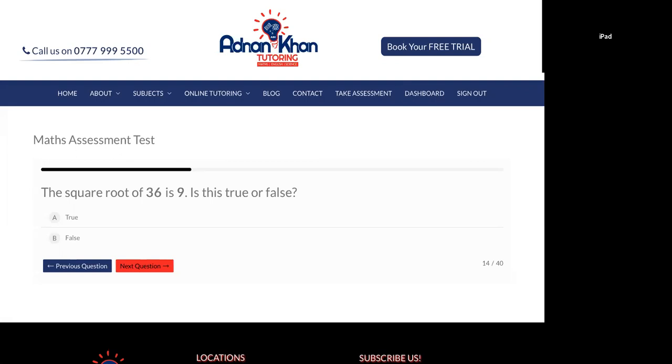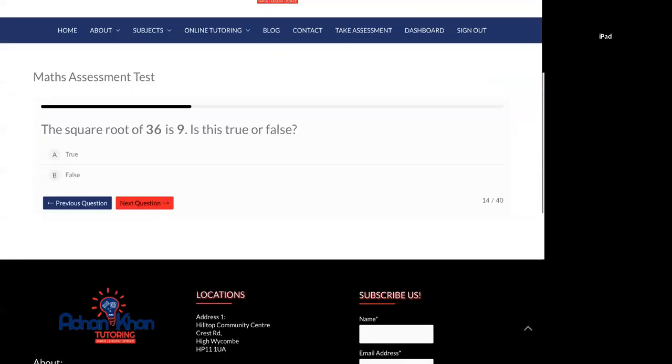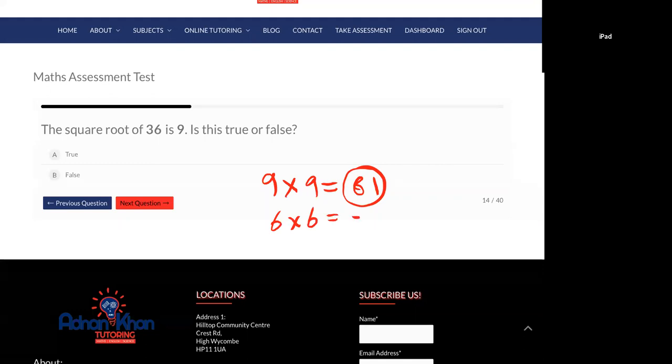Thank you. Okay, so the next one is: the square root of 36 is 9. Is this true or is this false? So square root means it's a root number. If you were to multiply that number by itself, that will actually give you a bigger number. So for example, if we did 9 times 9, the answer is going to be 81. Now, 6 times 6 will be 36.